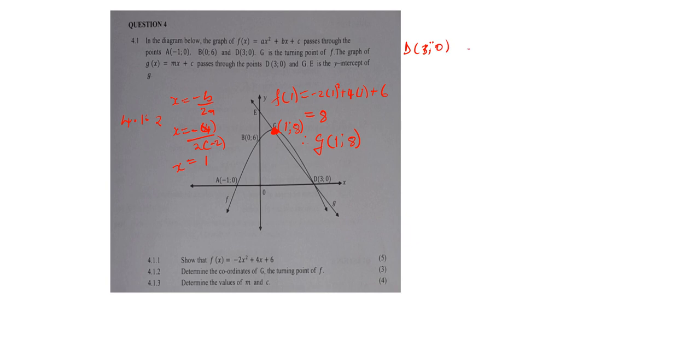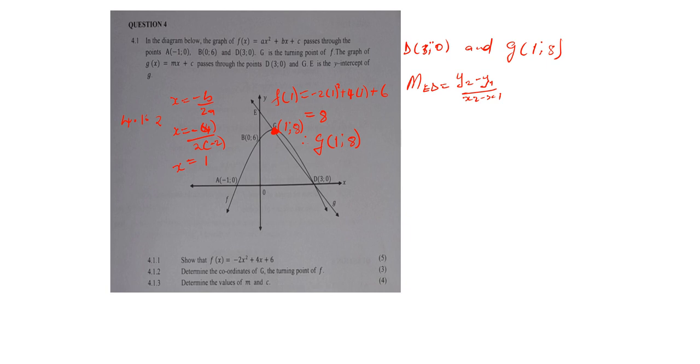We'll also use G, which is (1, 8). So the first objective here is to find the gradient. Remember, a straight line has a gradient. So we'll say the gradient of ED is equivalent to change in y divided by change in x.